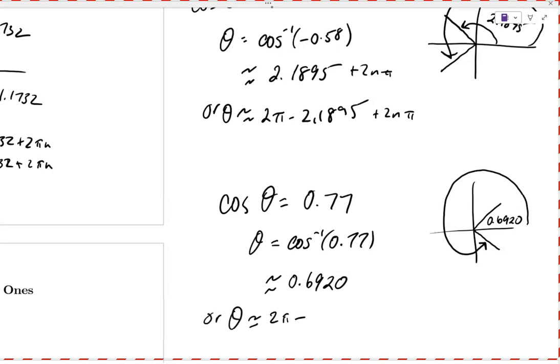Yep, take your 2 pi minus the 0.6920. And then again, to finish it off, add your multiples of 2 pi.